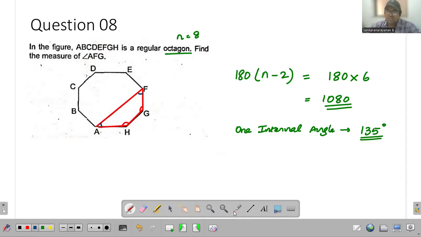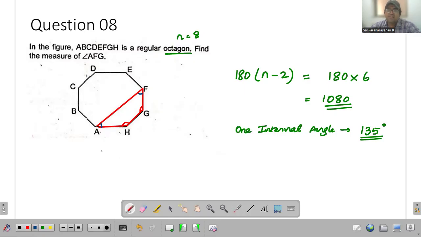Because AF is inclined to the side FG, and it is a regular octagon, so all these measurements are equal. In the same way, FA is inclined to the side AH, so this inclination should be equal, right?